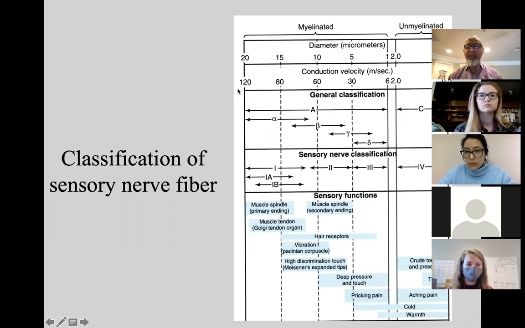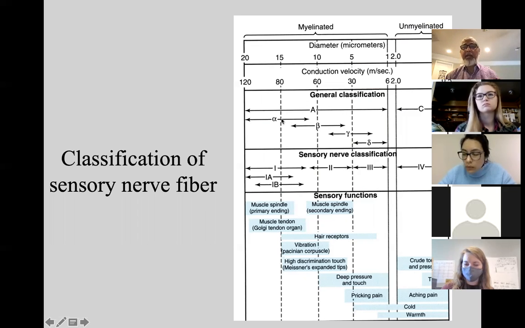Now, as a general classification, you will see at times we call it type A fiber. Sometimes we will say type B fiber. Type A fiber is again divided into A alpha, A beta, A gamma, A delta, depending on their diameter, right? The A fibers are the myelinated fibers.